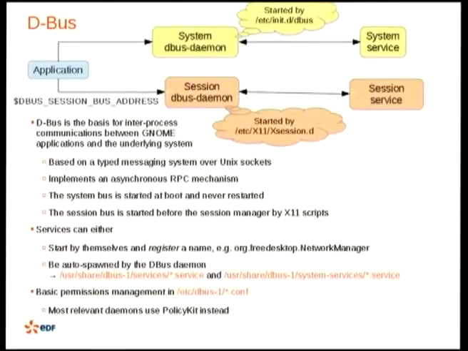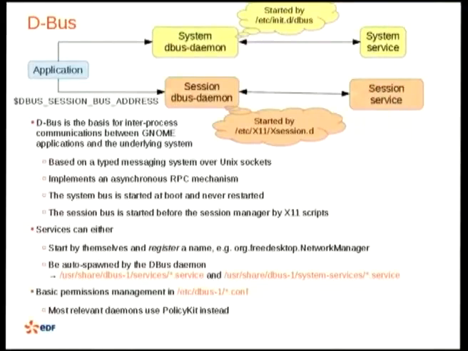But it is also possible to automatically start up a service, so the daemon is not there, and it will be started in order to answer a request. And this holds for both system daemons and session daemons. So these are the files which define what binary to spawn if you want to access this service.